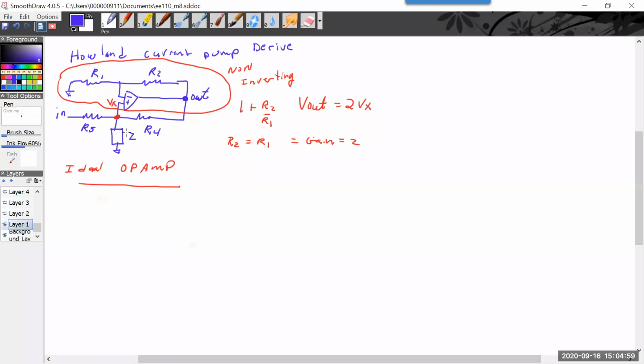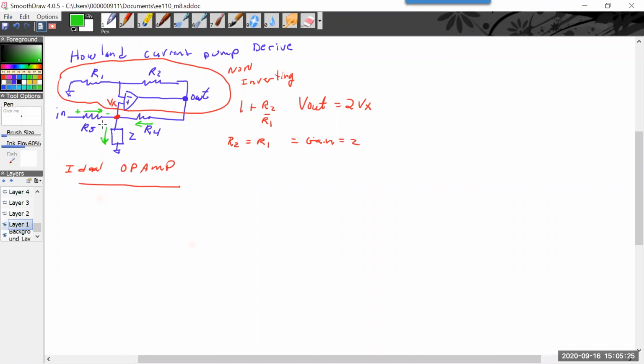Now, we've got this V out coming here, and so even though I normally try to use voltage division wherever I can, this time I'm going to use nodal analysis. So I'm saying the current is coming in that node, and it's leaving through that resistor.